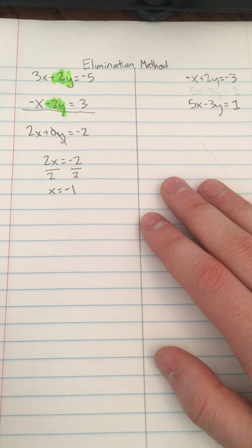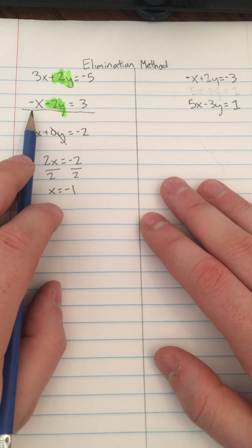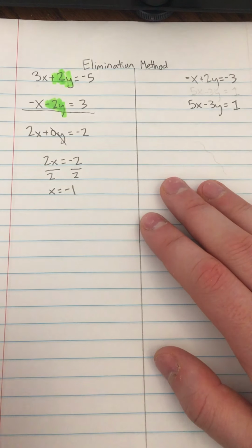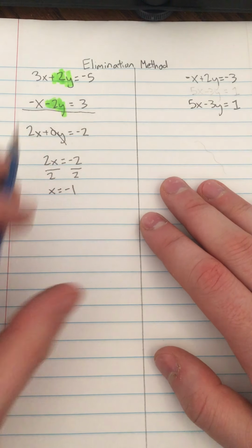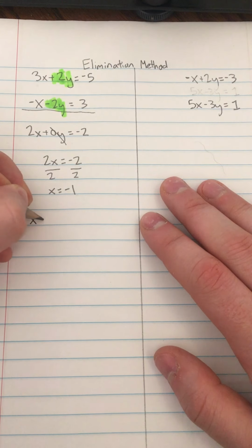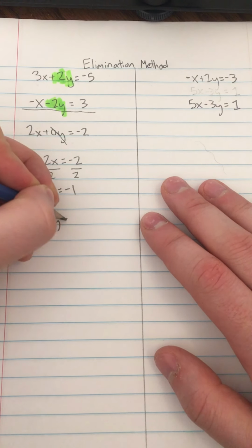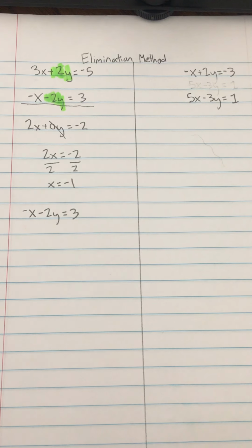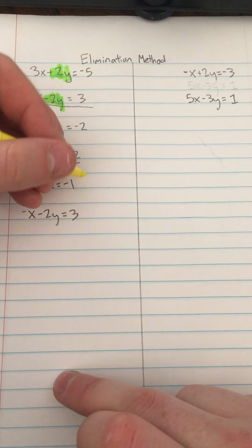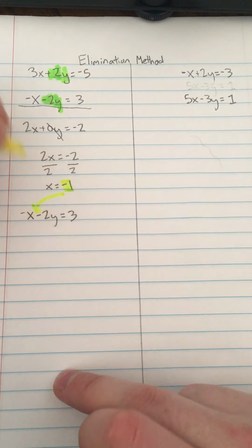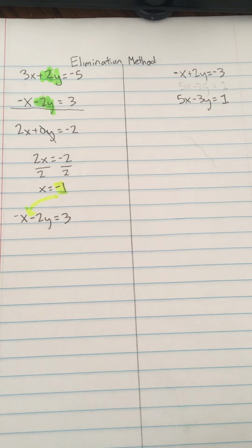Once I know the value of x, I can use that to find the value of y. And in this case, I'm going to use the second equation, mainly because it looks like it's a little bit easier to solve. But you could use either one. And so I'm going to rewrite the second equation. Negative x minus 2y equals 3. And so since x equals negative 1, I'm going to make a replacement in here for x.